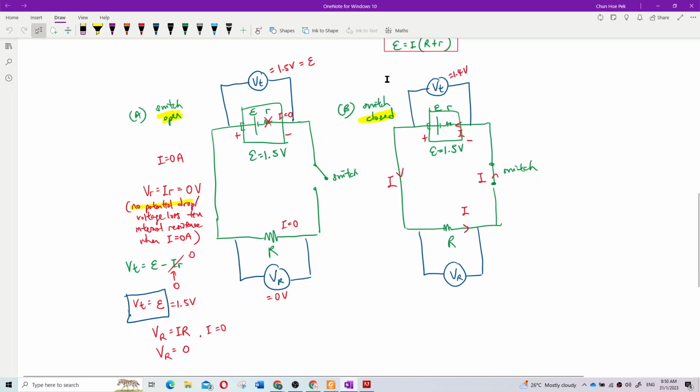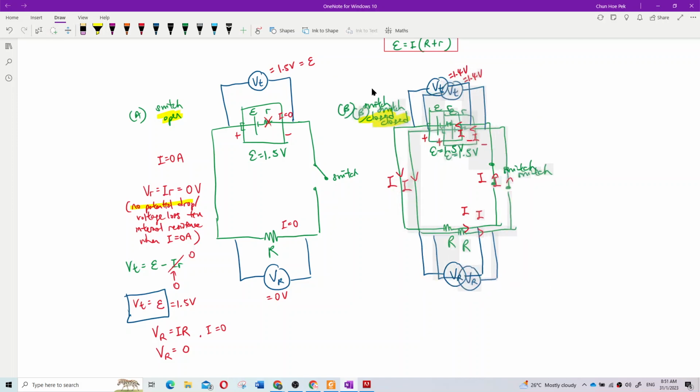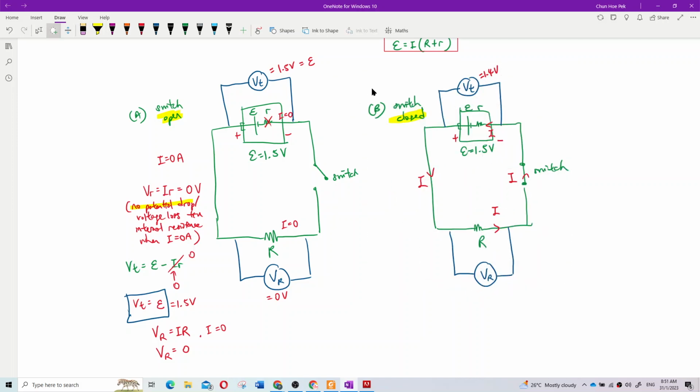When the switch is closed, wait a second, I need to adjust it a little bit. When the switch is closed, what happened? There is current, right?